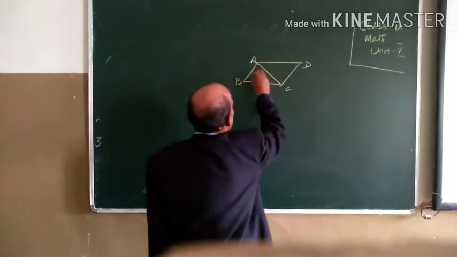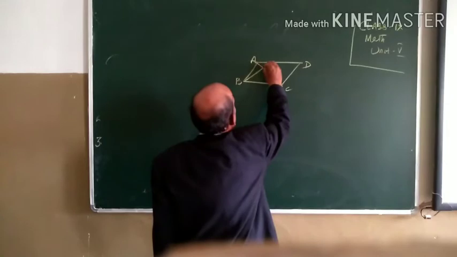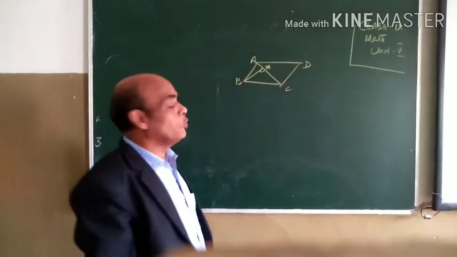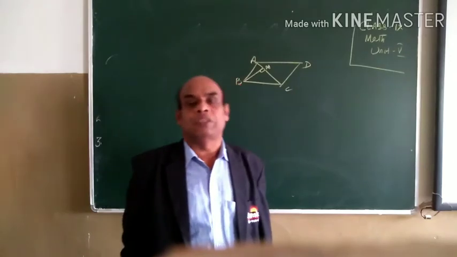So if you construct, suppose BM is the perpendicular to AC.